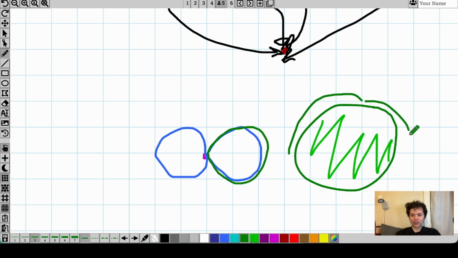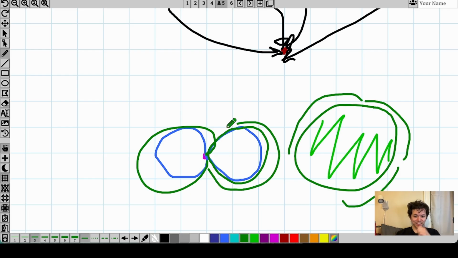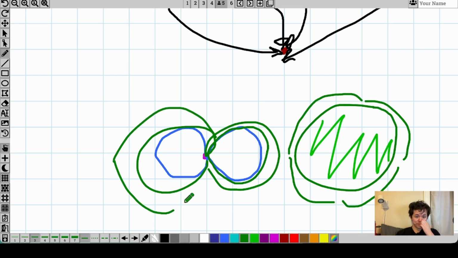The next quarter, we're going to have it go around this loop once. The next quarter of the boundary, we're going to have it go around this loop again, but in the opposite direction. And then the last quarter goes around this loop again, in the opposite direction.